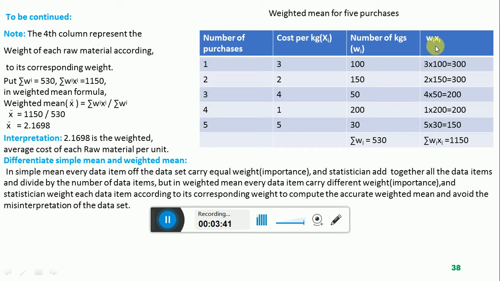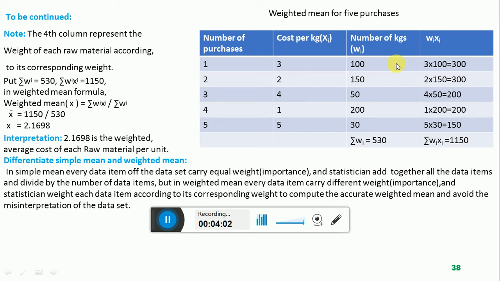In the fourth column, we weight each raw material, each data item, according to its corresponding weight. The statistician multiplies each data item with its corresponding weight to calculate the total weight of that particular data item.